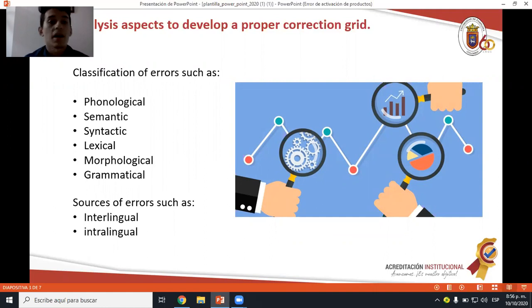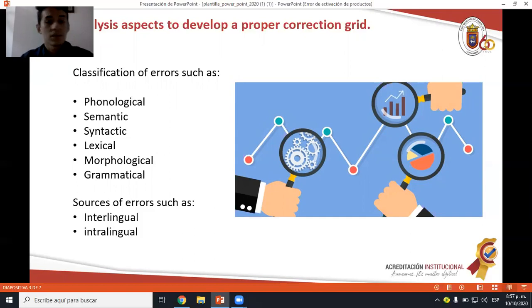The semantic errors are related to meaning, so they tend to affect what the speaker is trying to say or write. The syntactical ones are more related to grammatical rules that need to be congruent in order to be well understood.